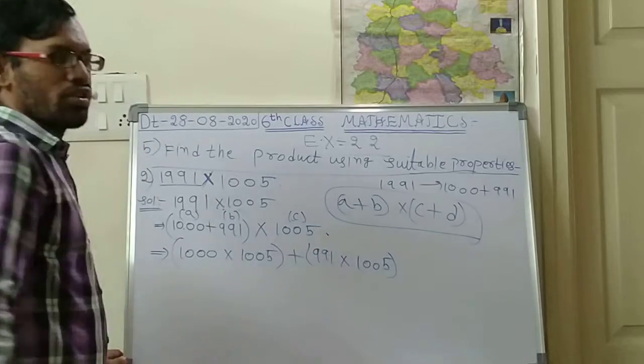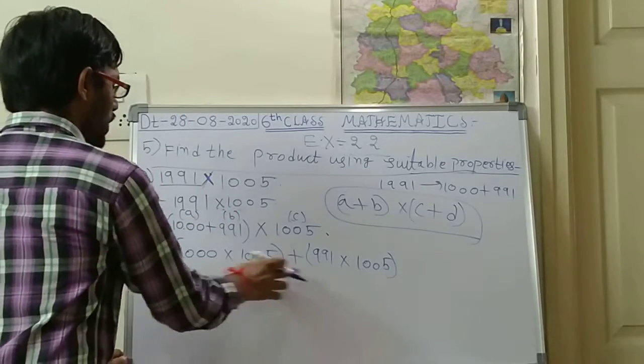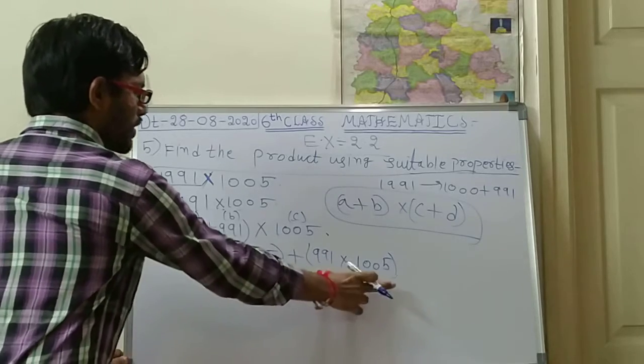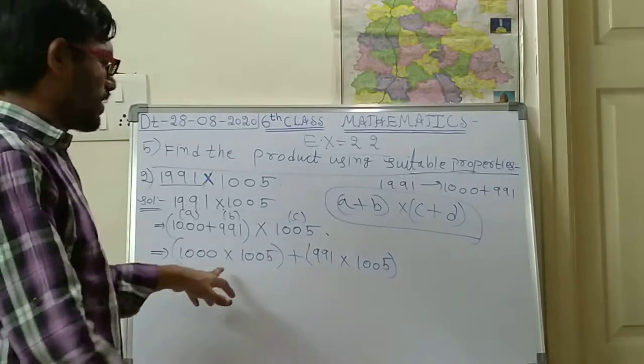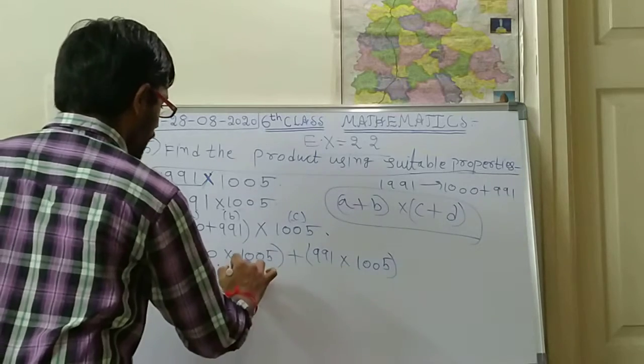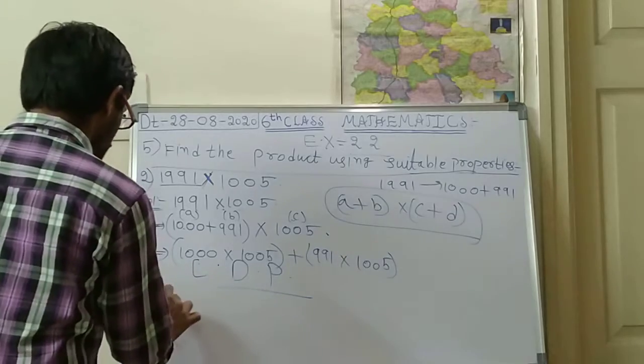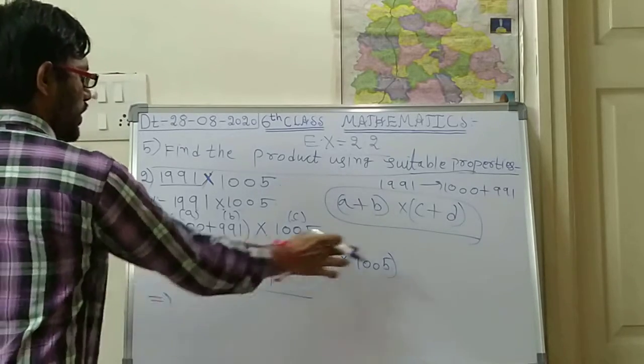Okay, so this is the thing. So (a plus b) into c is a into c plus b into c. So this is a distributive property. So here you should write distributive property, DP means distributive property.